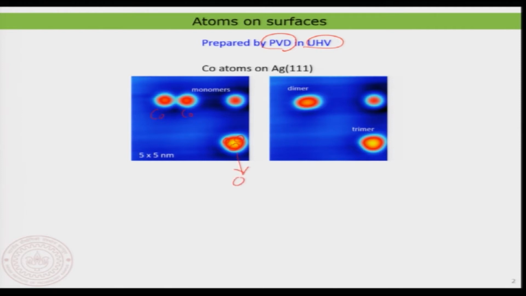So, that means 3 cobalt atoms are coming together like that, and then here you have a dimer, that means 2 atoms together like that. What you are seeing is a clean silver 111 surface, and I have deposited cobalt atoms onto this. So, you can now work with atoms alone. That is the interesting thing about that, and with this scanning tunneling micrograph I can image them nicely and resolve them at the atomic level.